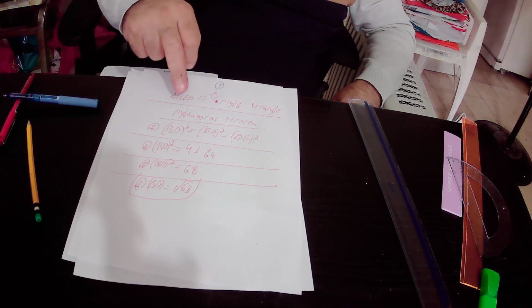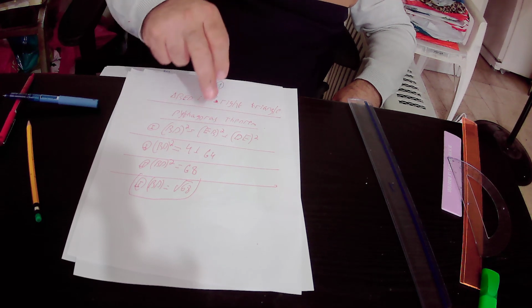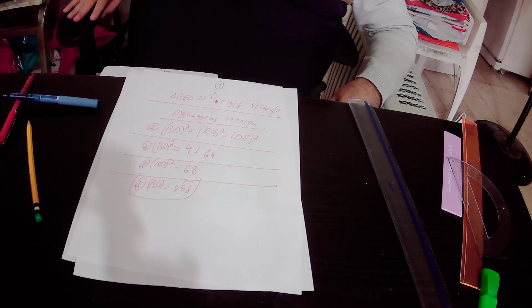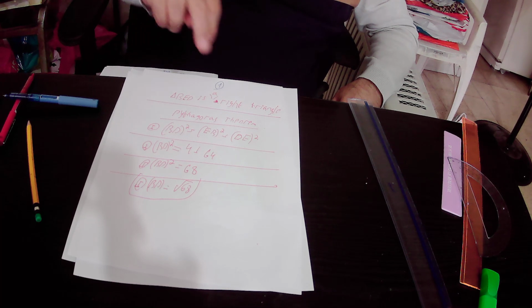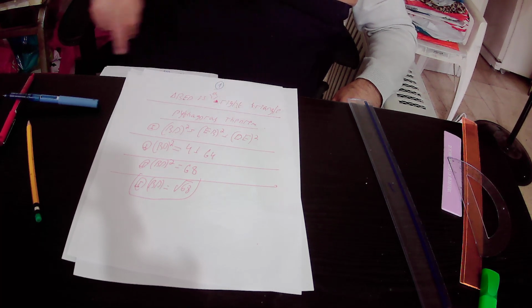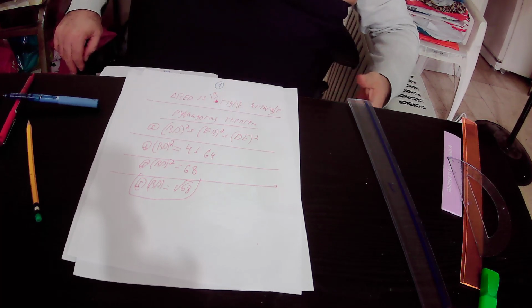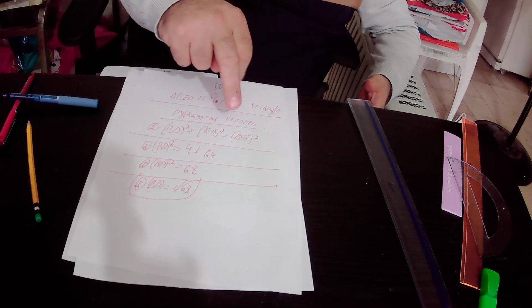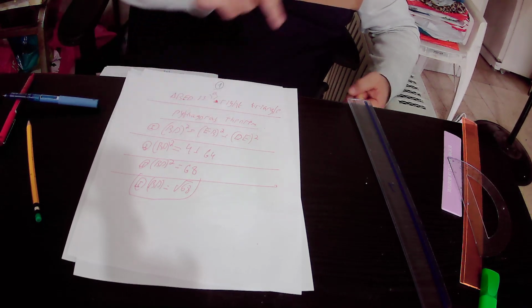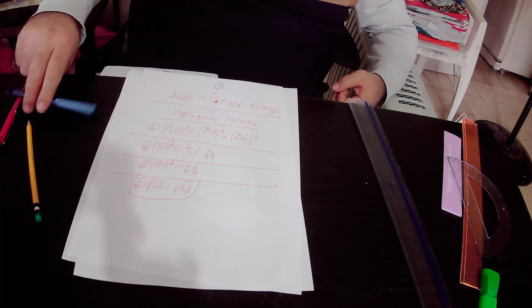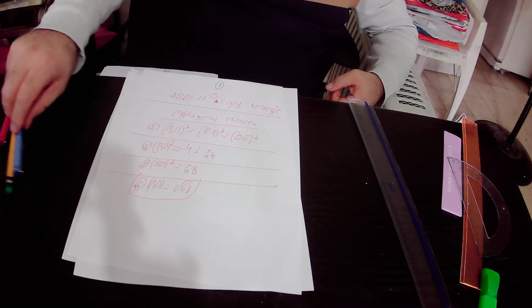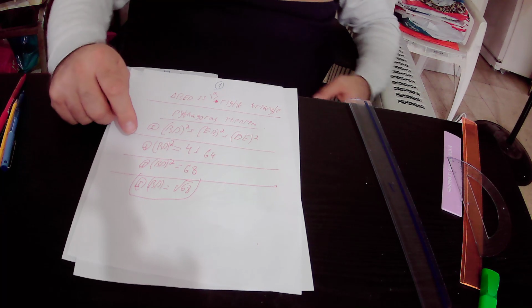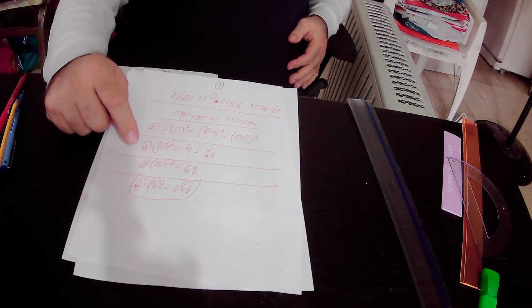So BD square equals to EB, which is 2 units, so EB square is 2 square is 4, plus DE square. DE equals to 8 units, it is given in the question. So DE square is 8 square is 64. And 4 plus 64 is 68, so we got that DB square equals to 68.